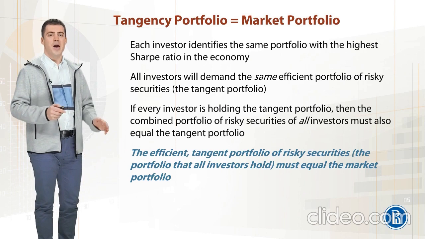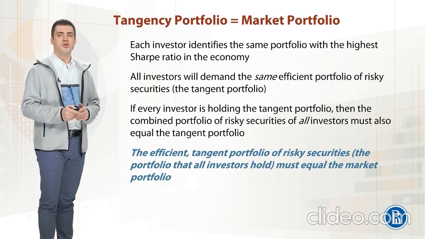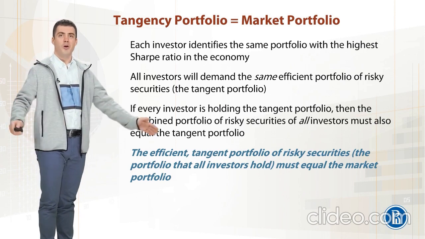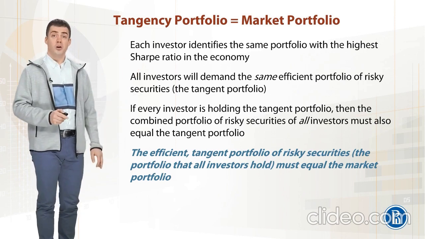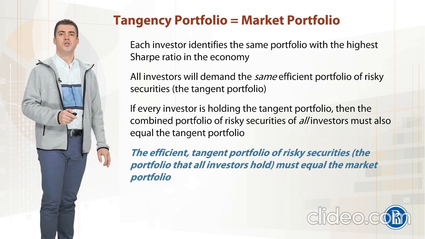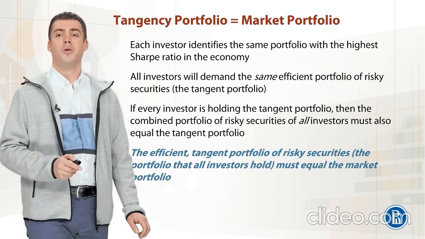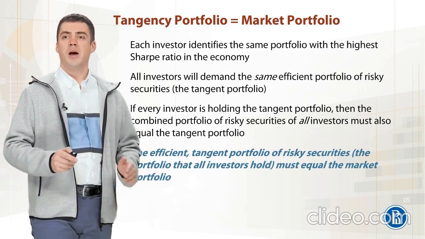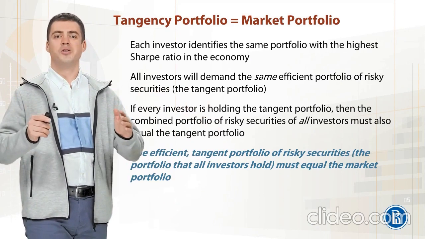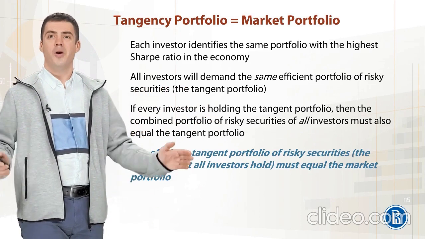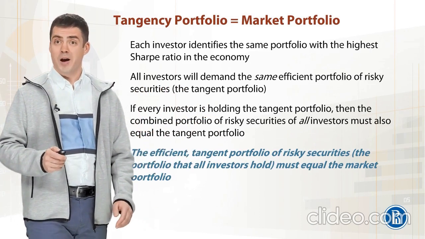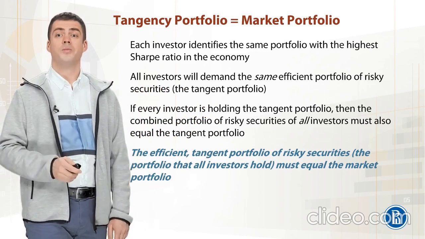However, if every investor is holding the tangency portfolio, then the combined portfolio of risky securities of all investors must also equal the tangency portfolio. Furthermore, because every security is owned by someone, the sum of all investors' portfolios must equal the portfolio of all the risky securities available in the market, which we define as the market portfolio.